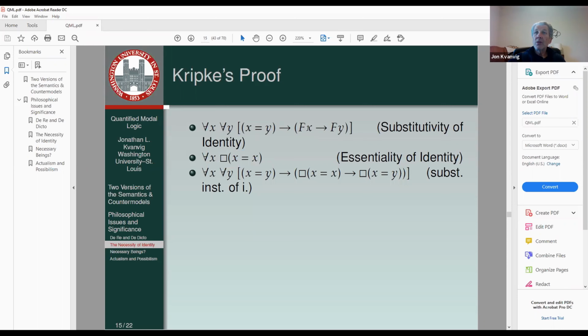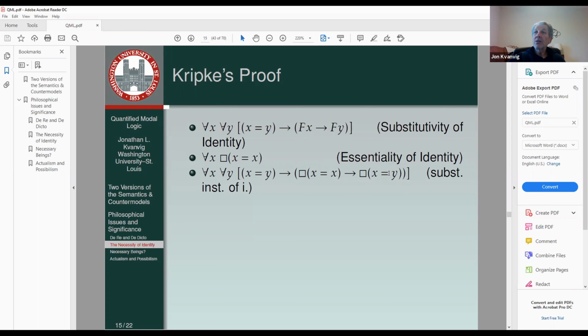So we put in place of f, box, parentheses, x equals, and then we attribute that to x here. We put in box, open parentheses, x equals, and that's a property that x has. And if x has that property, so does y.